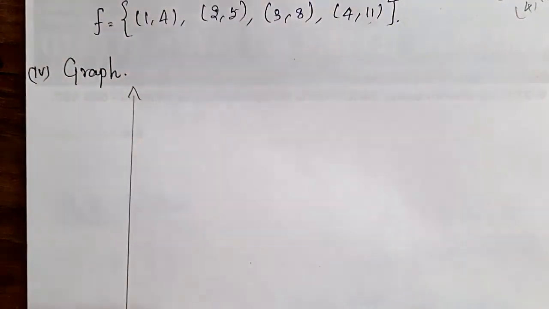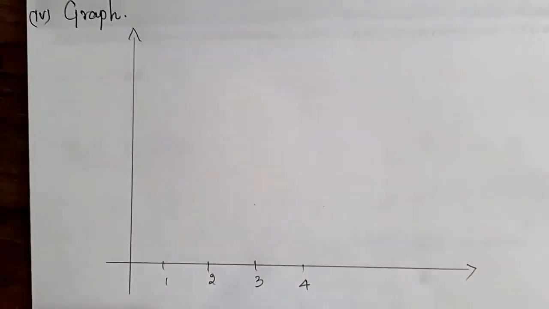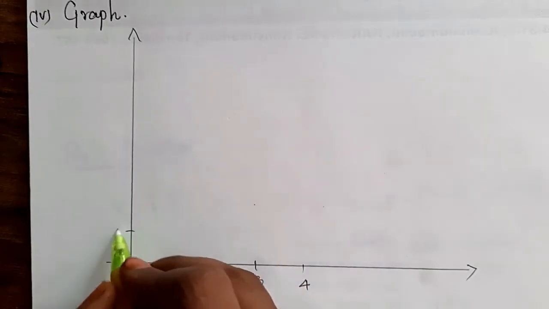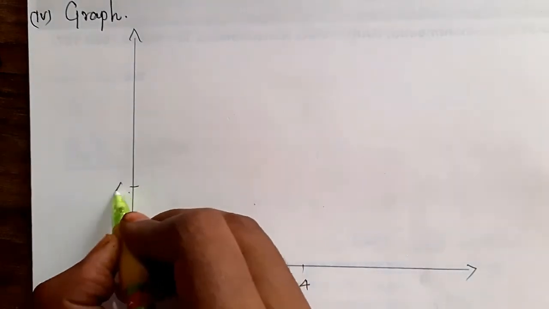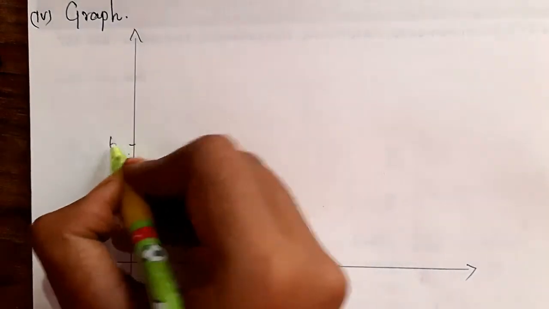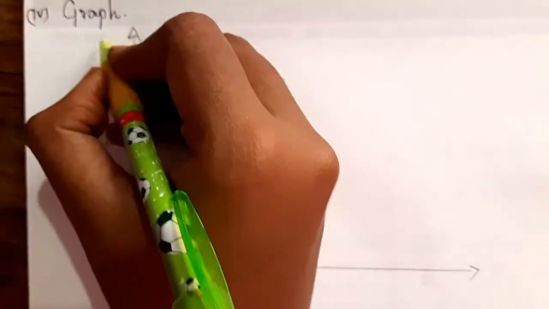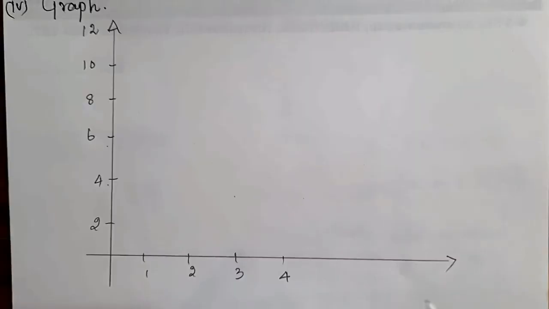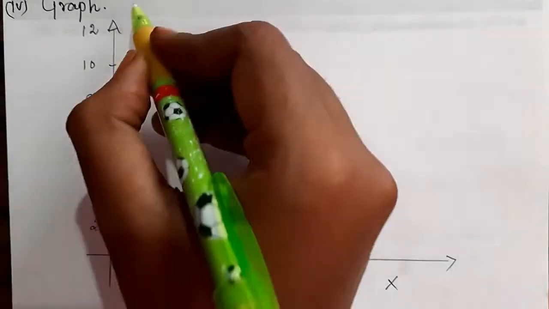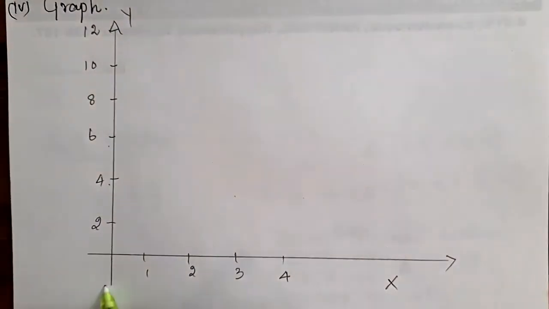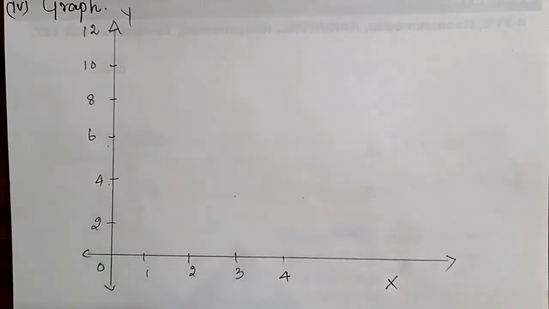So I can take two values at a time. As you wish, you can take one value. Here I take two values: 2, 4, 6, 8, 10, 12. The x-axis and y-axis origin is 0.